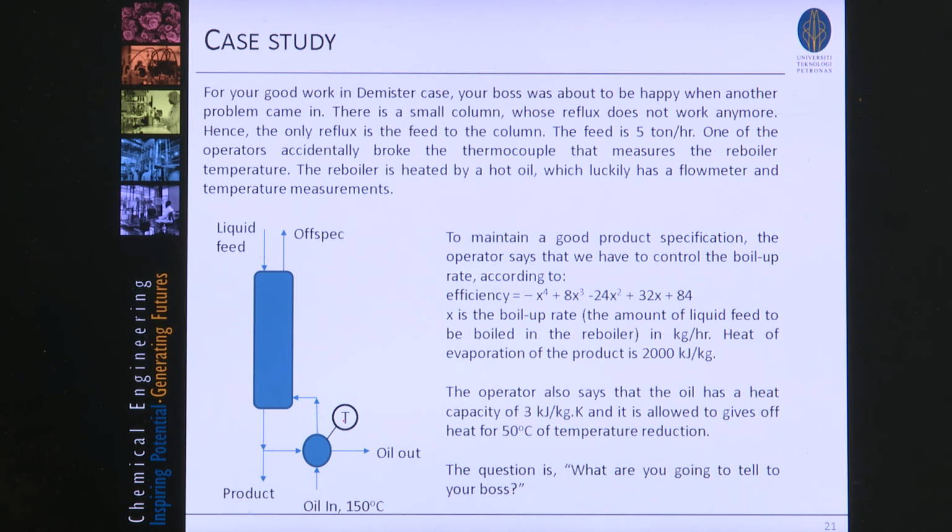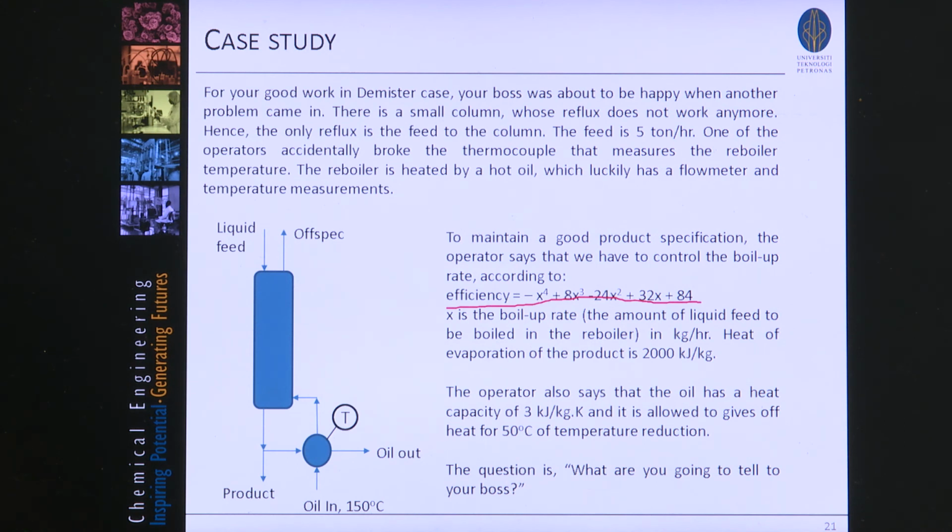The efficiency of the column depends on the boil up rate, and this is the efficiency equation, where x is the boil up rate.